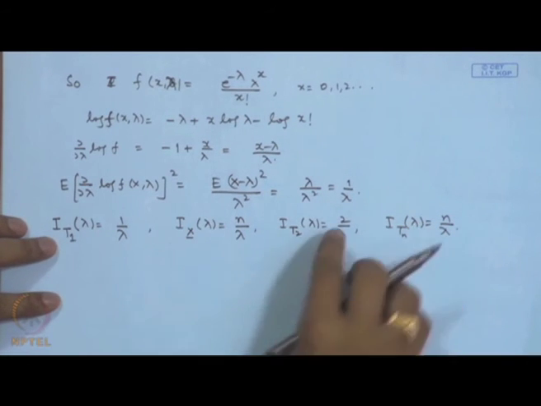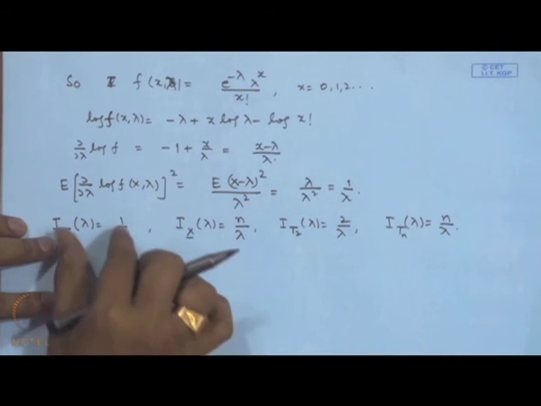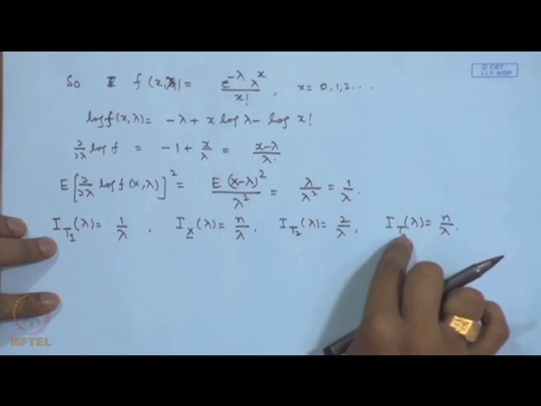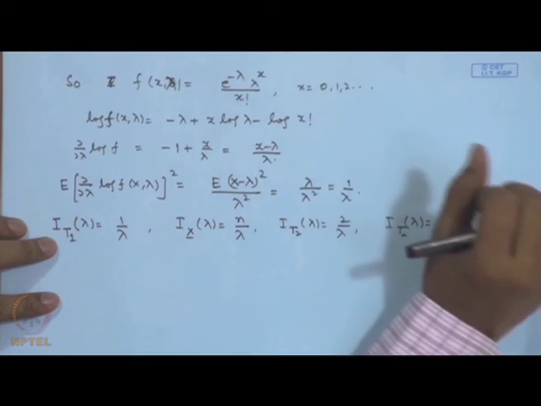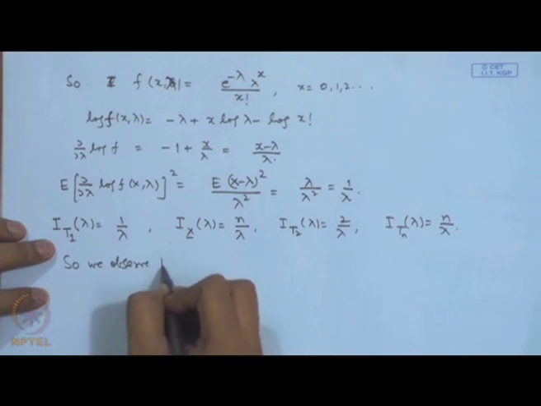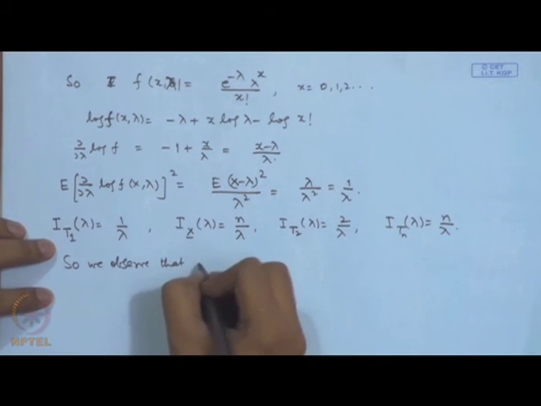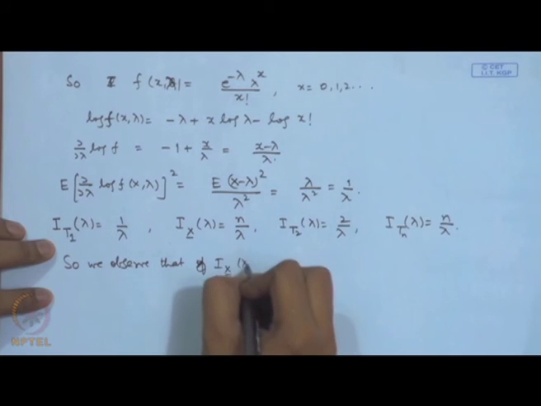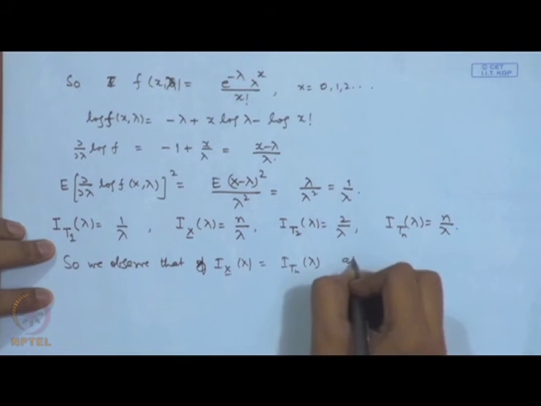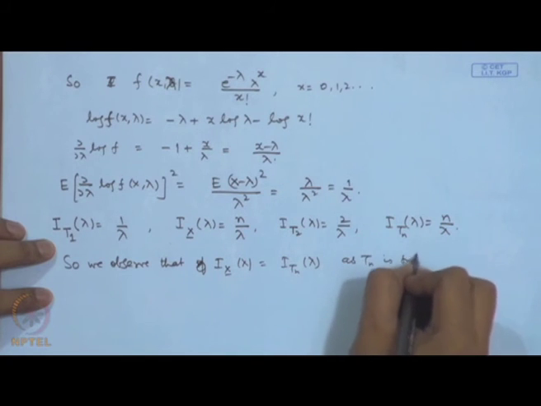So, you can see this one is less than this, however, this one is equal to this, and T n, that is sigma x I, in the case of Poisson distribution, we have shown that it is sufficient statistics. So, we observe that information of x is same as information in T, as T n is sufficient.